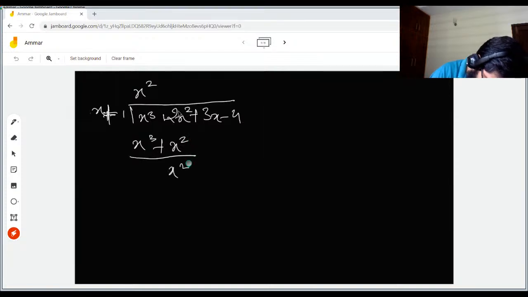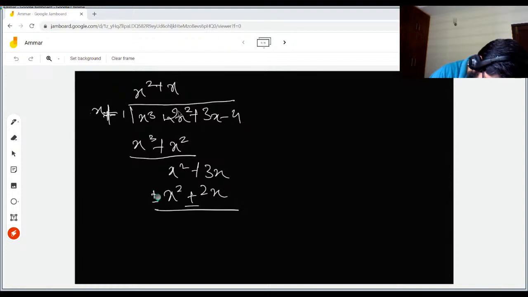So again I multiply x with x to get x squared, and then multiply 1 with x, I get positive x. The signs at the bottom get switched, cancels.